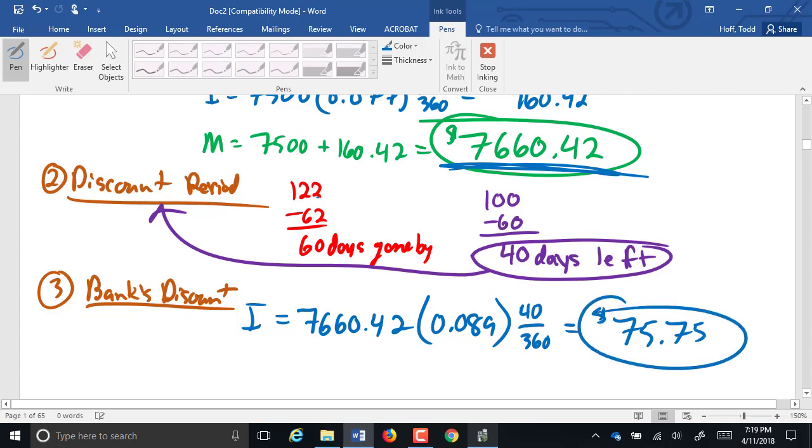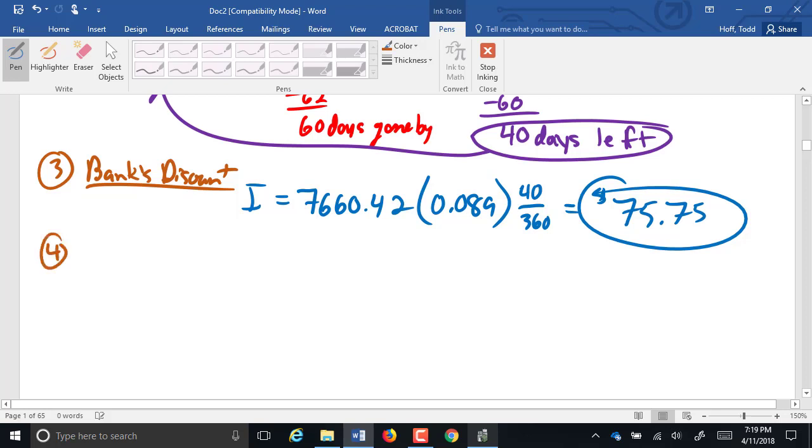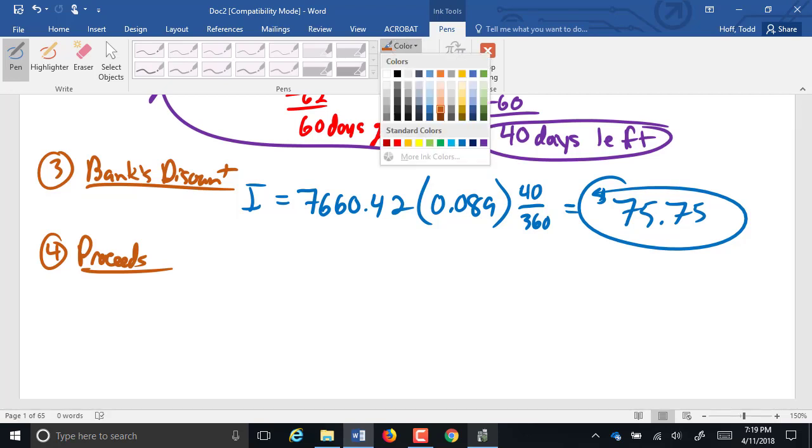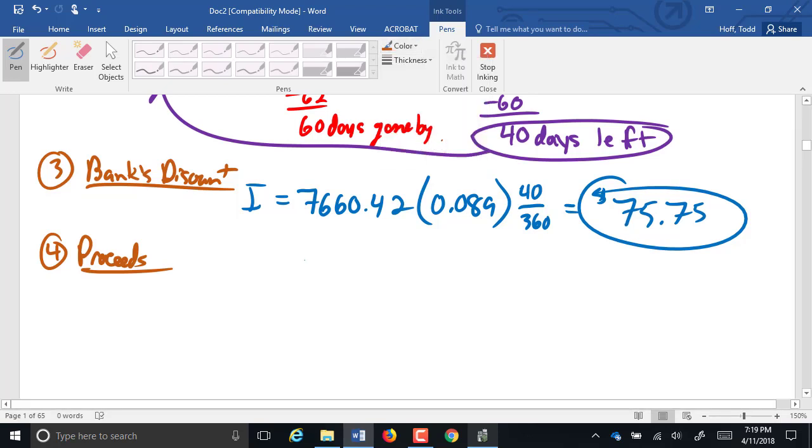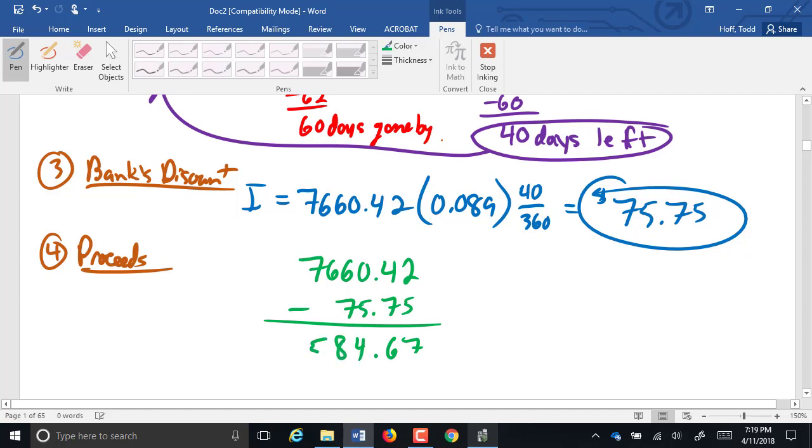The bank's discount. And then, perfect. Find our proceeds. That maturity value of 7660.42 minus our discount of 75.75. So $7,584.67 sound right?